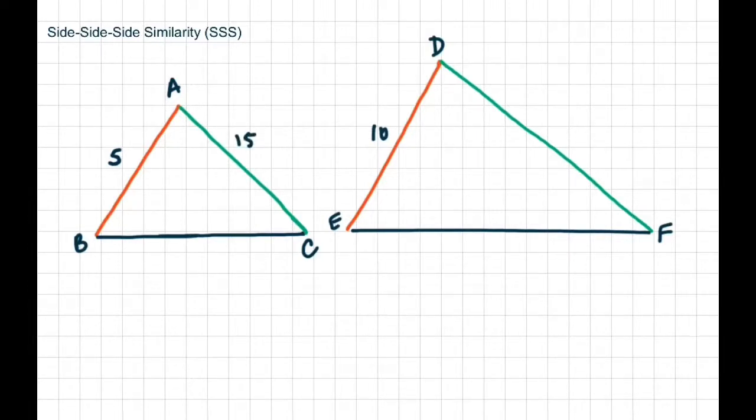15, and BC was 20. So that would make DF 30 and EF 40.